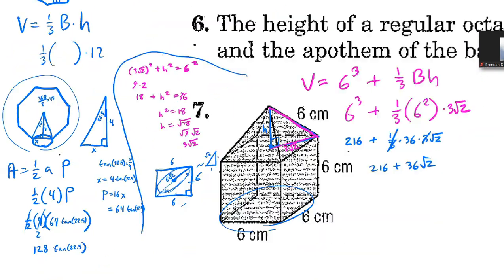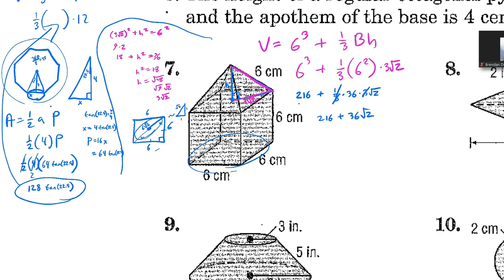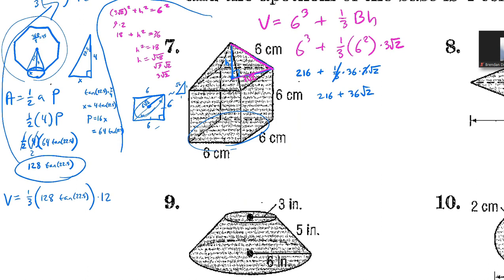All right, so going back up, our entire volume for this was 1/3 base times height, and we got our base. And so our total volume is 1/3, 128 tangent 22.5 times a height of 12. And the 1/3 and the 12 cancel to make a 4.